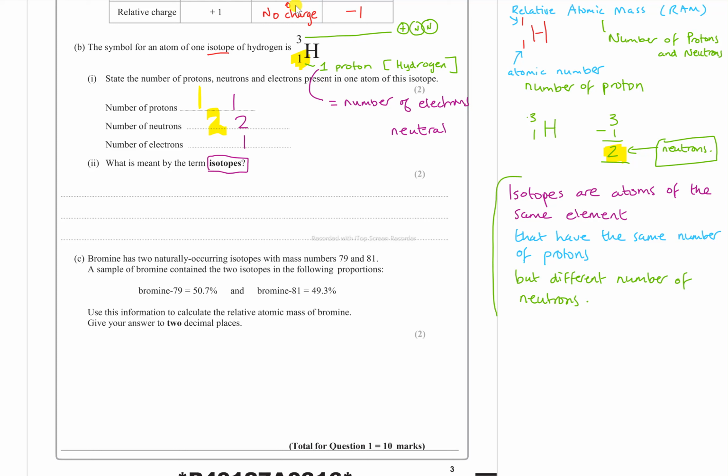Right, just leave it like this. Don't start trying to do anything fancier than that. Just leave it like that. Right, okay.